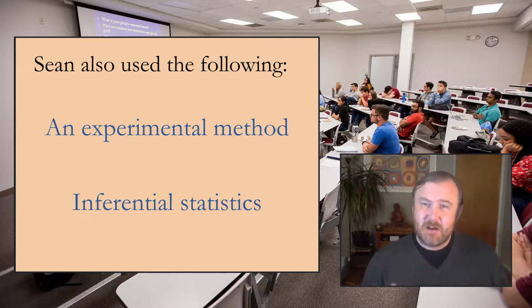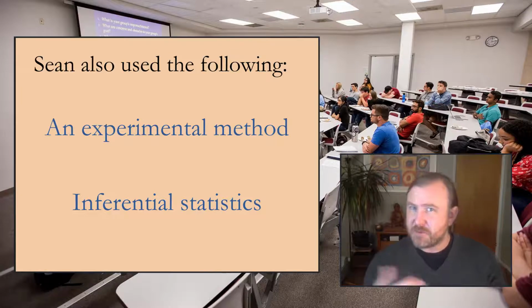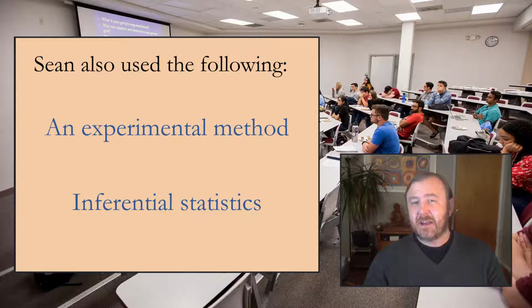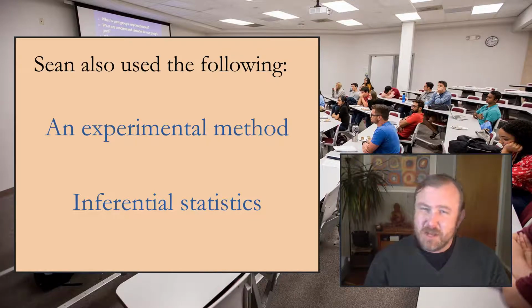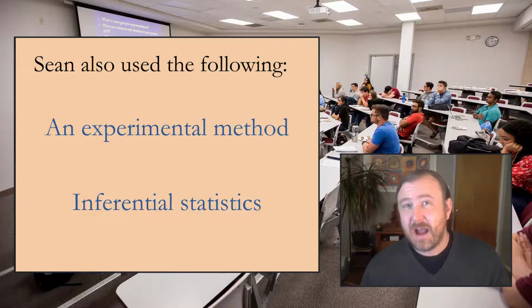The investigator manipulates or controls who gets what of the independent variable, violent versus nonviolent TV, right? And in an experimental method, you want to see if manipulating that independent variable causes a change in an outcome. Typically, that outcome is referred to as the dependent variable, right? In this case, it would have been violent behavior, right?